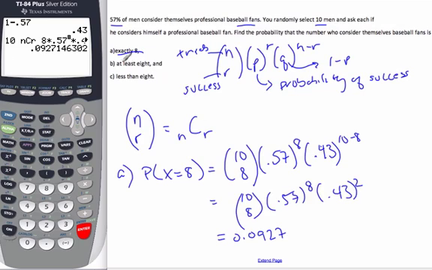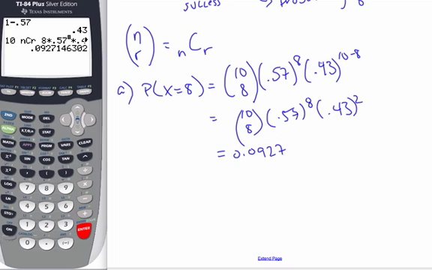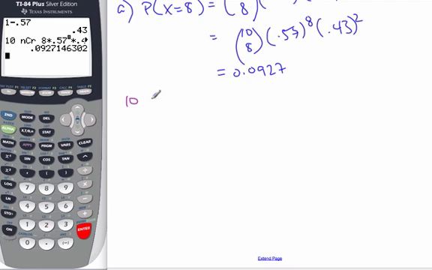Now, in B and in C, it's going to be a little bit more confusing to do. Let me do a little bit of explanation. In total, I have my 10 men selected. Of those 10 men, it is possible that I have exactly 0 professional baseball fans. It is also possible that I could have exactly 1 professional baseball fan.